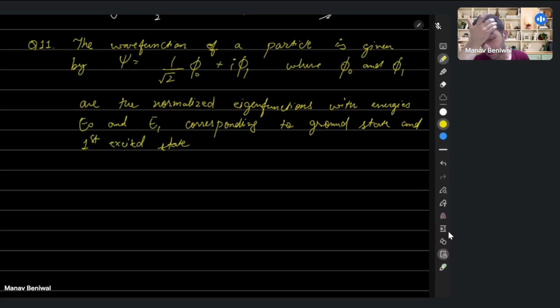So E0 is the energy of the ground state, E1 is the energy of the first excited state, phi naught is the normalized eigenfunction for the ground state, and phi 1 is the normalized eigenfunction for the first excited state.